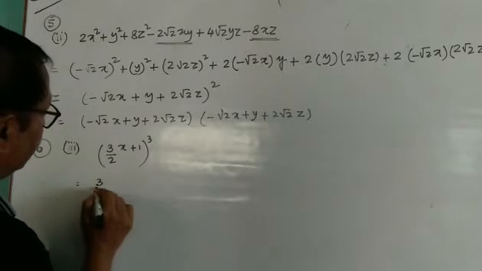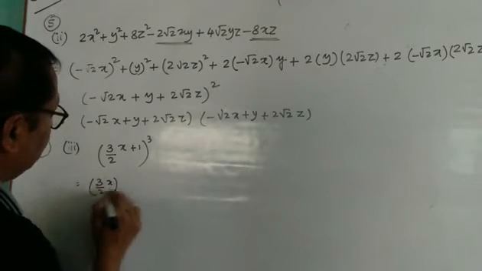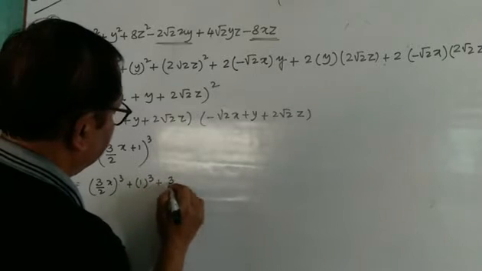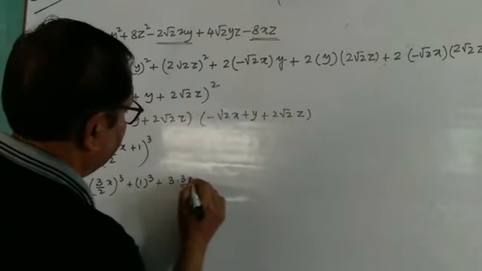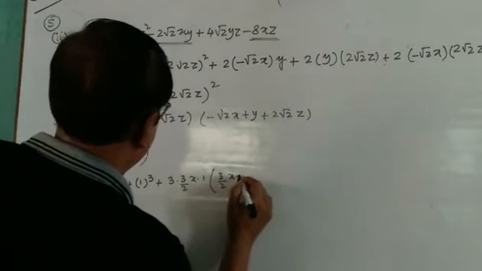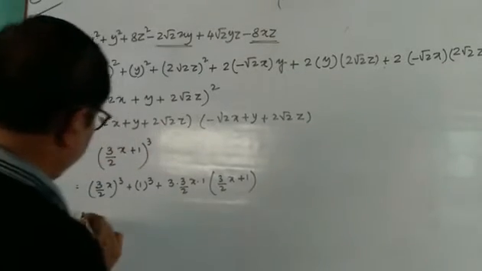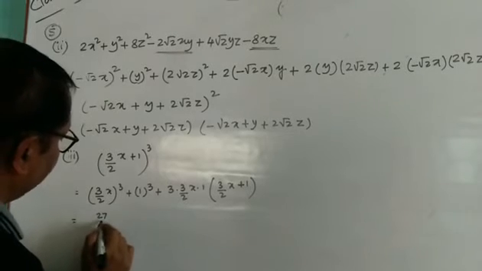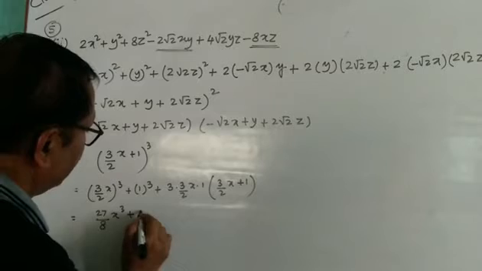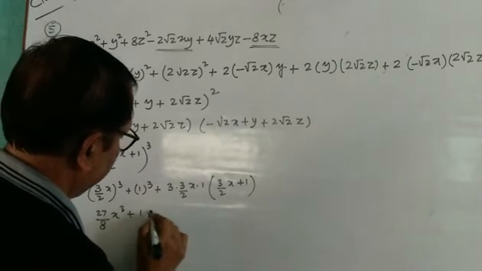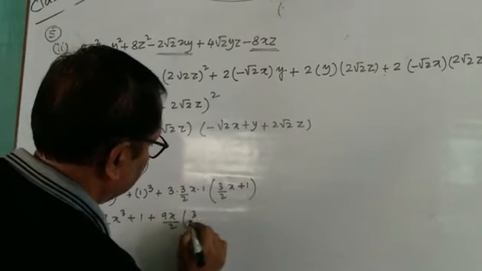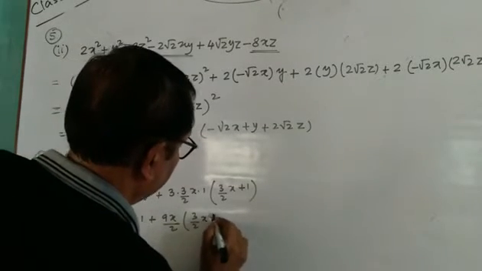So a cube plus b cube plus 3 into a into b into (a + b): 27/8 x cube plus 1 plus 9x/2 into (3/2 x + 1).